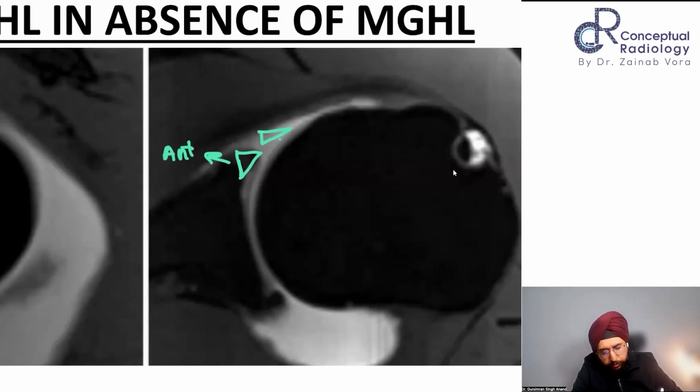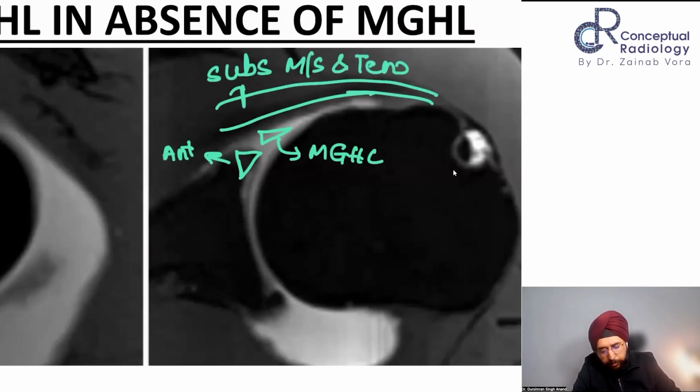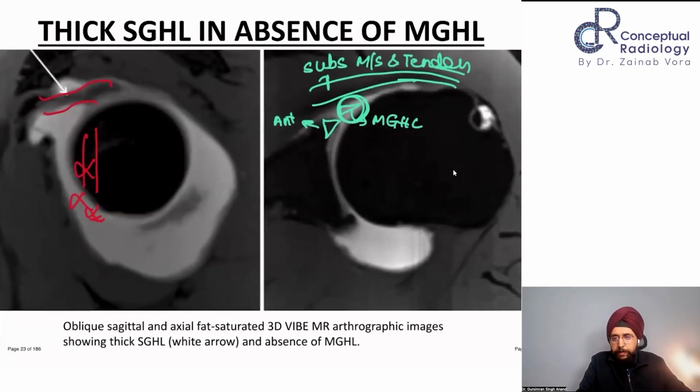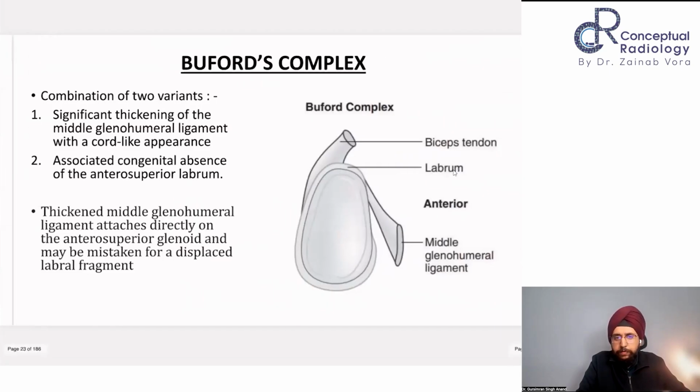The next thing which should have come here would have been your MGHL, and this is your subscapularis muscle and tendon. Okay, so these are the three contiguous structures on the anterior aspect of the shoulder joint, and we see that there is no MGHL here. So this is the case of absent MGHL with thickened SGHL. Okay, so Buford's complex we have discussed many times.